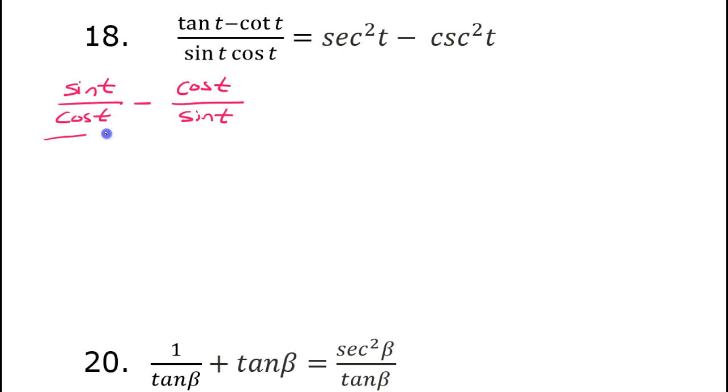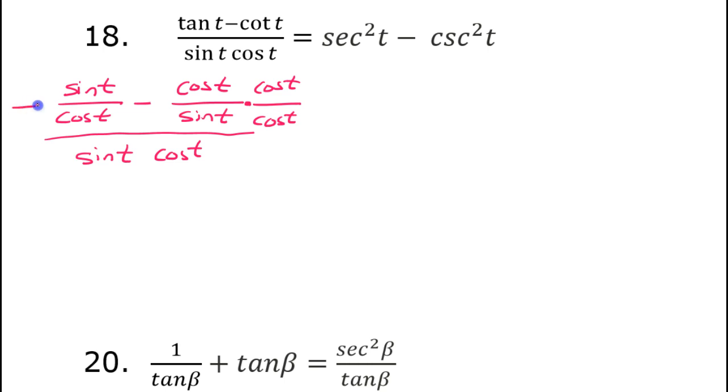So that's the numerator. And the denominator is already in terms of sine and cosine. So I'm going to leave this as sine t cosine t. Now I need like denominators so I can add these two fractions together. So I'm going to go ahead and multiply this by cosine t over cosine t.